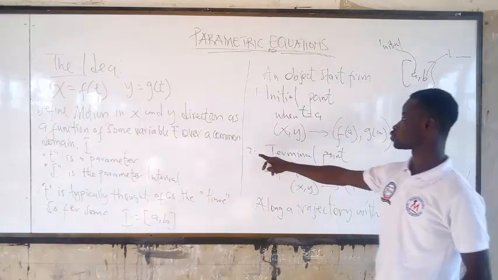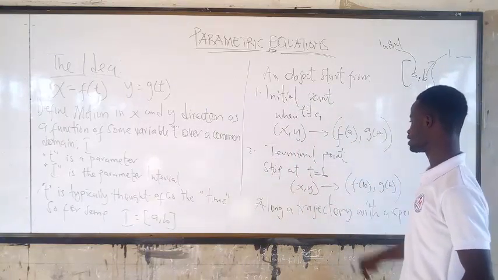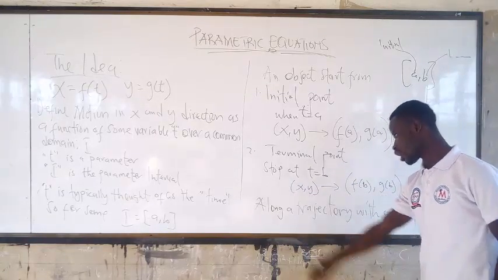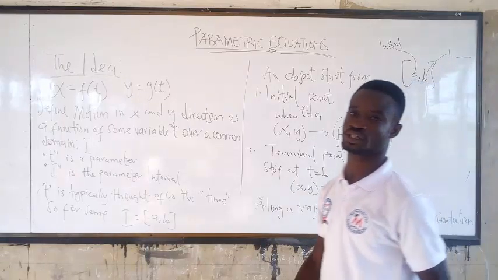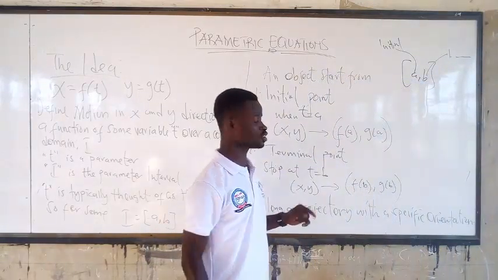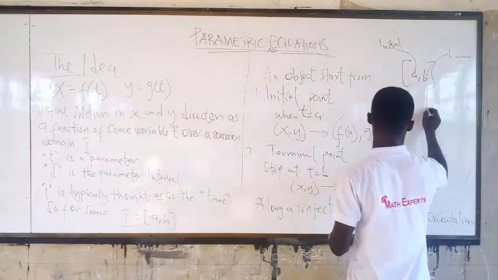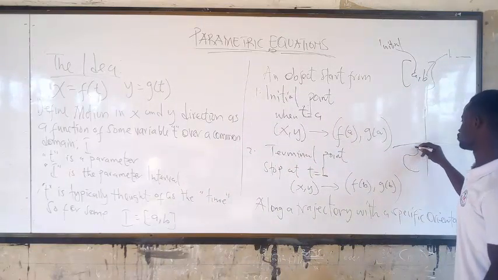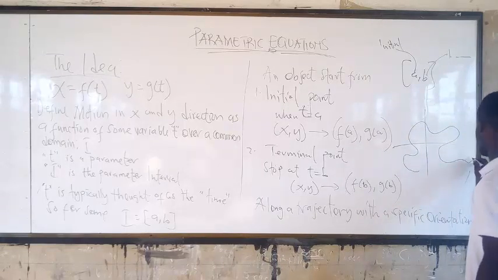Okay. 2. Terminal point. So the terminal point is where t is equal to b, and by substitution we get the point. So it all goes along a trajectory with a specific orientation. So the orientation should be shown. Alright? So let's say I have this Cartesian plane, then I start moving, then I continue like that.